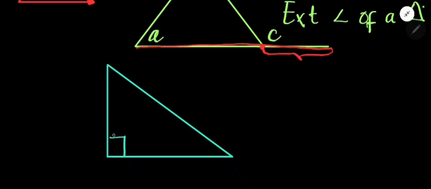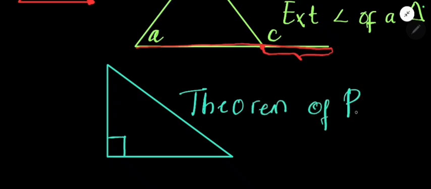Okay, so whenever you see this type of a triangle, then you know that the theorem of Pythagoras can come to help you. Okay, theorem of Pythagoras, or Pythagorean theorem. So you can apply the theorem of Pythagoras whenever you see a triangle like that.